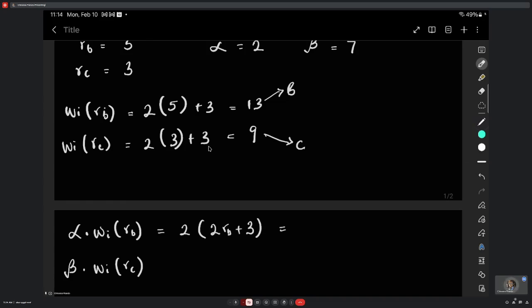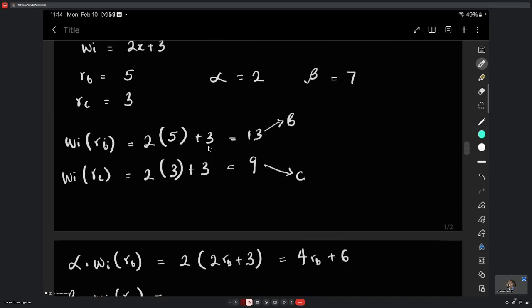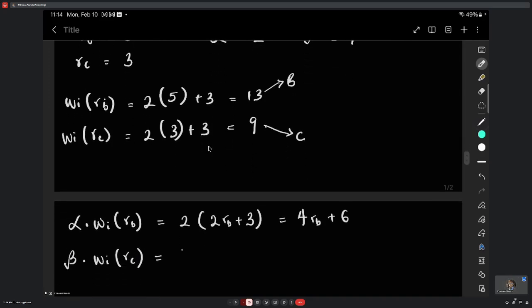So this should give us 4rb plus 6, right? And this should give us, beta is 7, 2rc, right? So which is 14rc plus 21, right?